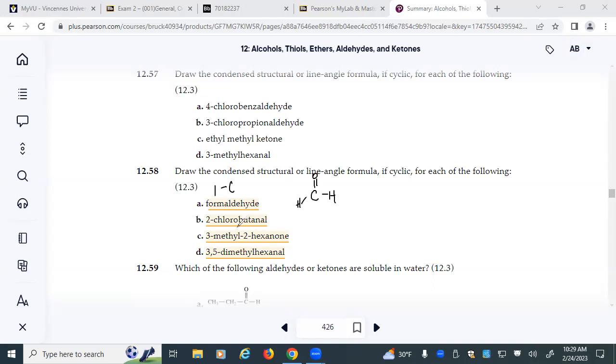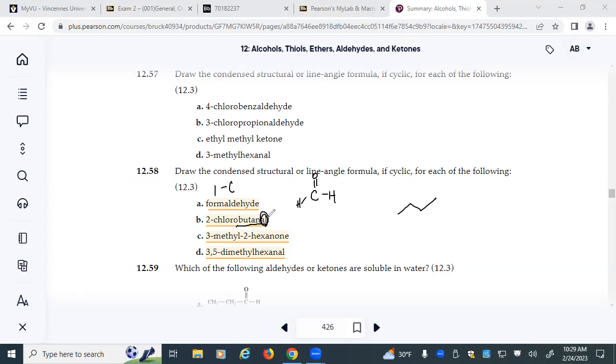2-chlorobutanal, I need to recognize, okay, this is an aldehyde. We've got the al ending. Butane, we're talking about a 4-carbon chain. So 2, 3, 4. That's going to be our structure.